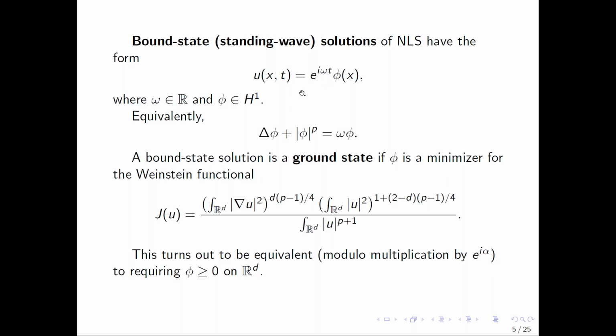In the physical literature, bound state solutions are any kind of localized solution. They don't necessarily have to be periodic in time, but this is just the way I define bound state solutions for this talk. If you ask for this kind of function to be a solution of NLS, that's equivalent to requiring the profile function phi, the dependence of u on x, to be a solution of this equation: the Laplacian of phi plus the modulus of phi to the p-th power times phi is equal to some constant times phi.